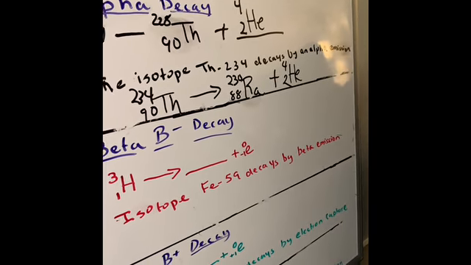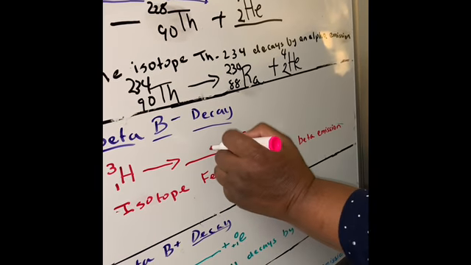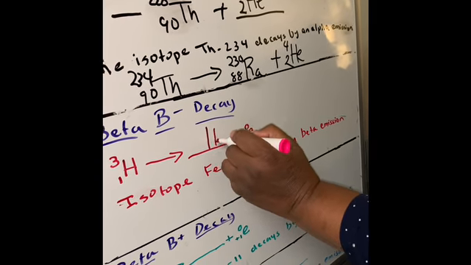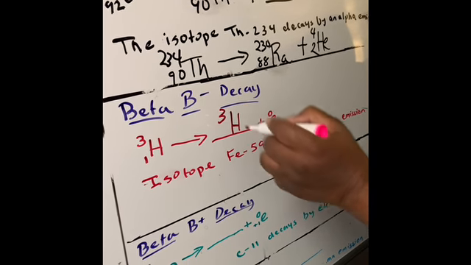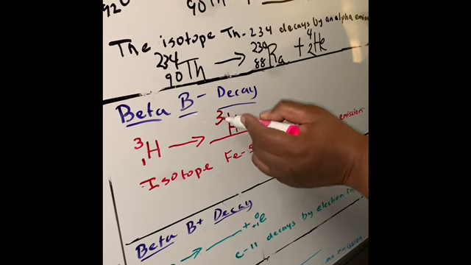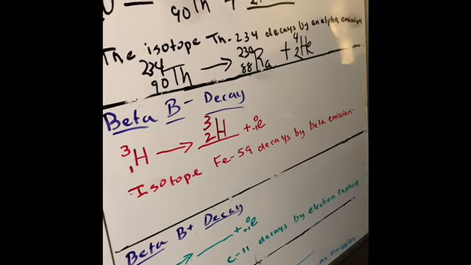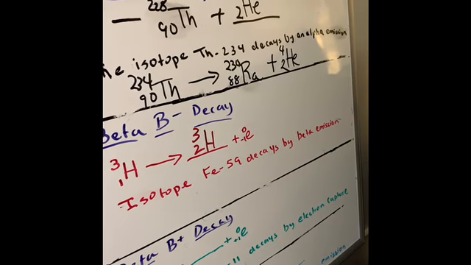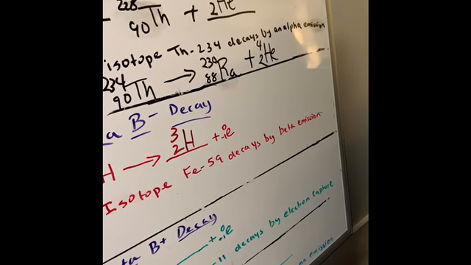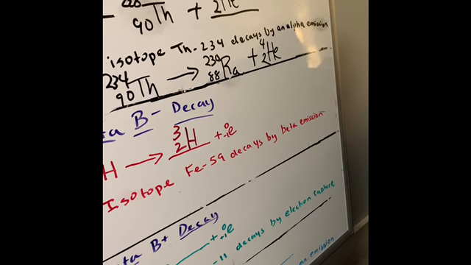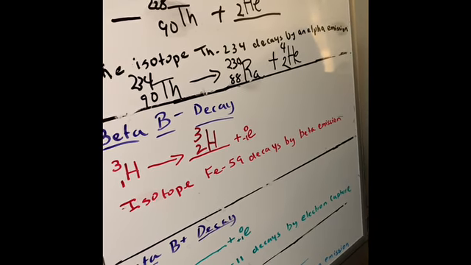We're going to lose 1 electron in the process. And so when we write this, we're going to keep the atomic mass the same, and the atomic number is going to increase by 1. And now we see a complete reaction that has taken place through beta negative decay.